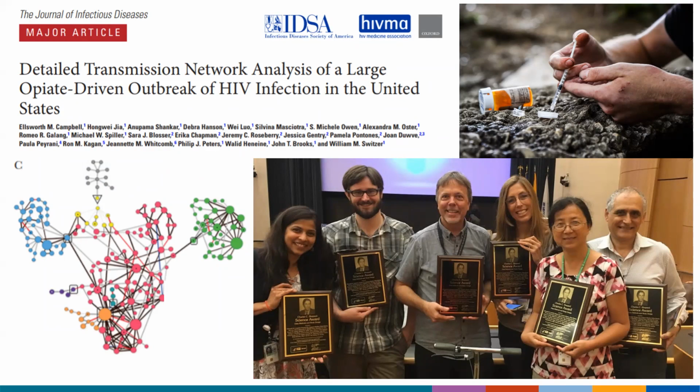And basically, we were able to integrate the contact tracing data and the genetic information from comparing their sequences to come up with a picture of what that outbreak looked like. And this really allowed us to say, hey, if you look at this cluster, there were multiple bottlenecks here. There were points of intervention where if we had intervened, say, at this position, we might have been able to cut off all these downstream infections.